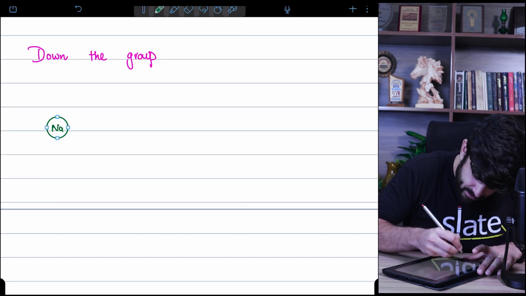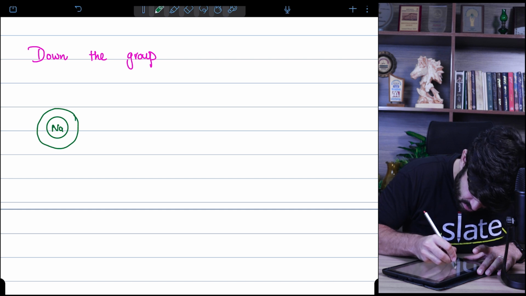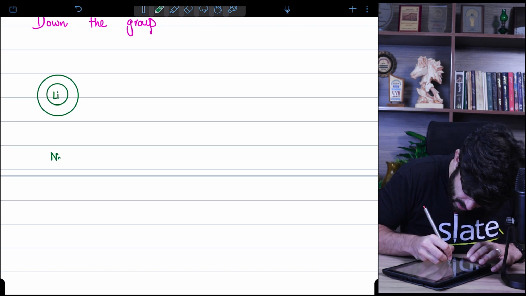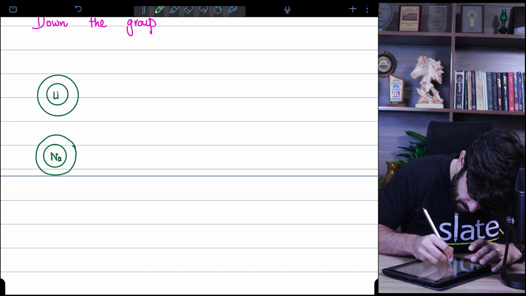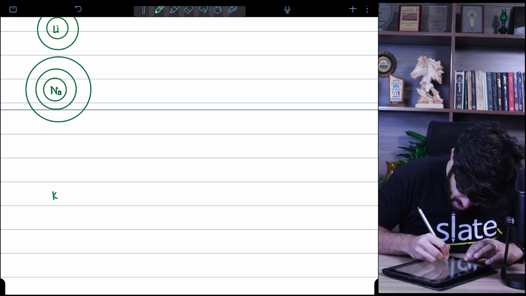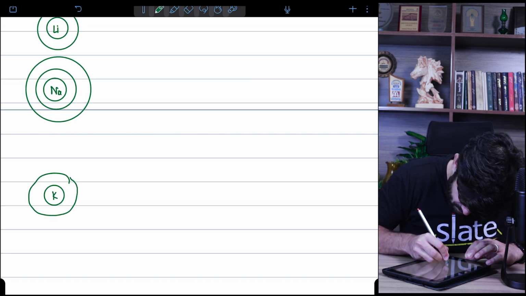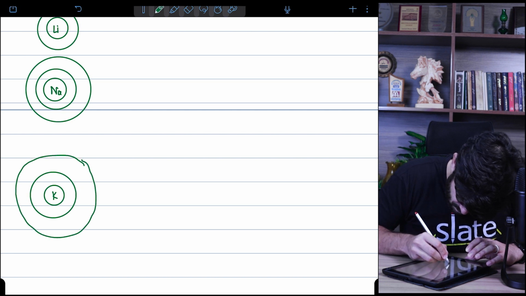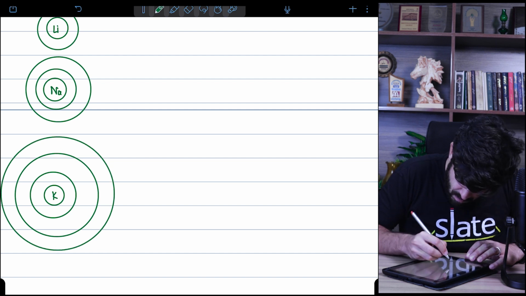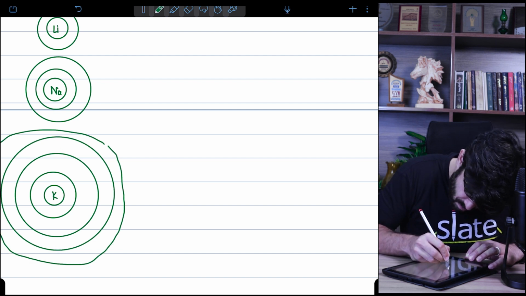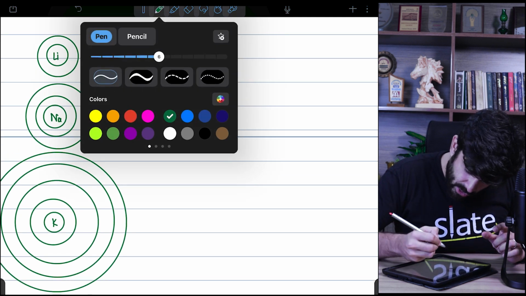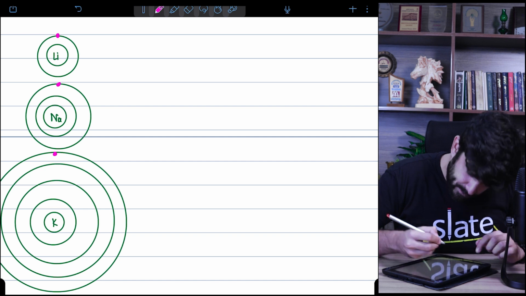Like if we have lithium, sodium, potassium, in this case, we know that down the group radius is increasing.